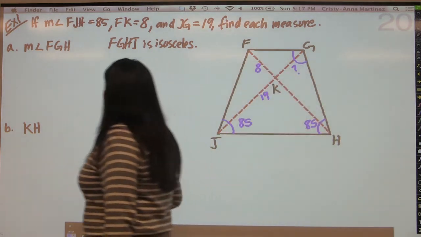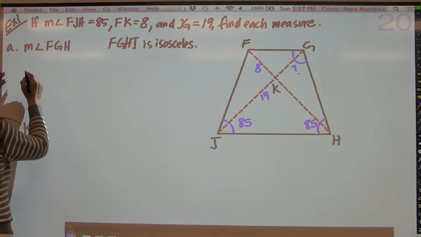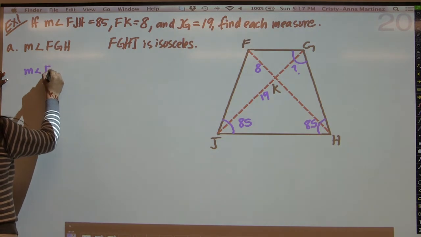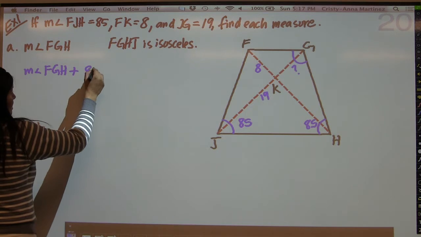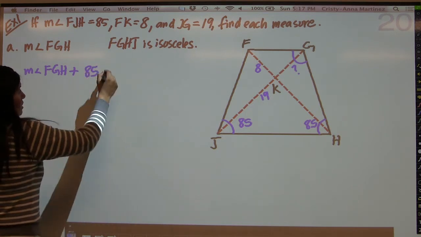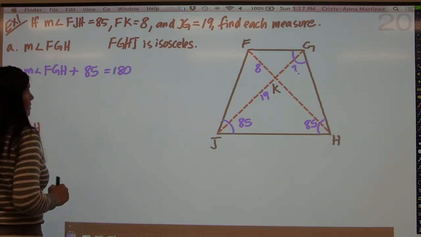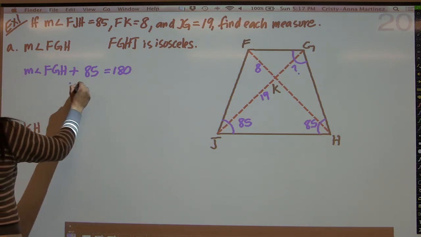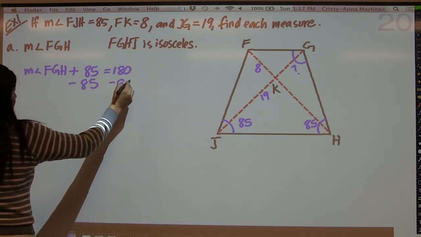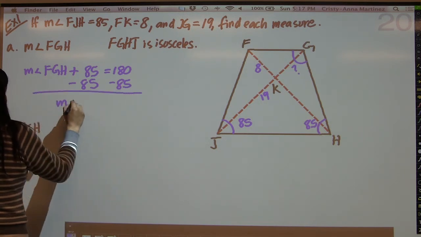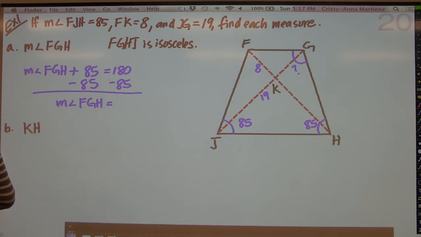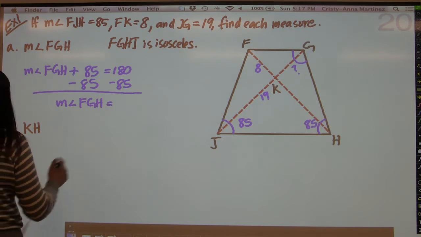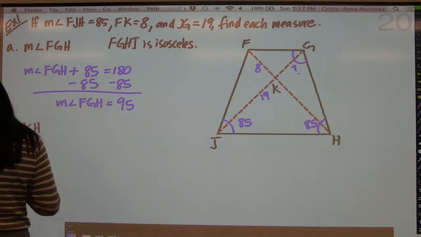So we're going to use that over here to say that the measurement of angle FGH plus 85, which is the measurement of JHG, should equal 180 because the two angles are consecutive interior angles. So then to find FGH, I just subtract 85 from both sides. And then the measurement of angle FGH is going to equal 95. And there you go.